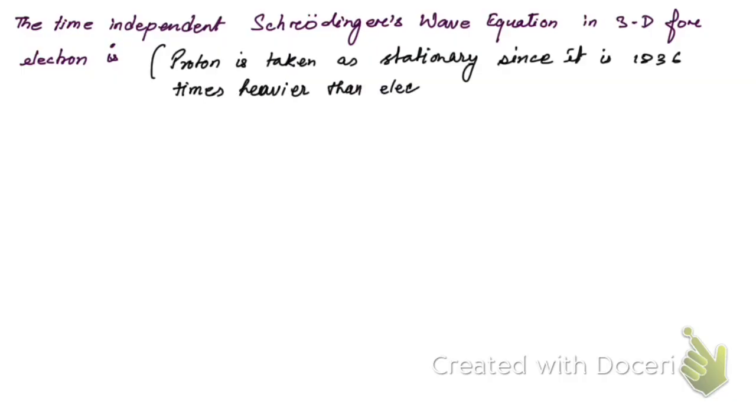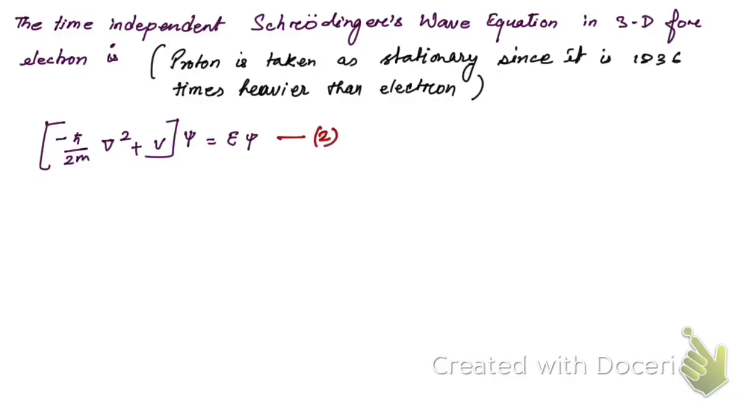That's why proton is taken to be at rest relative to the electron. So here we have written the Schrodinger equation for electron, given by this. This is equation number 2. Here V is the potential energy we have talked about in the previous slide.